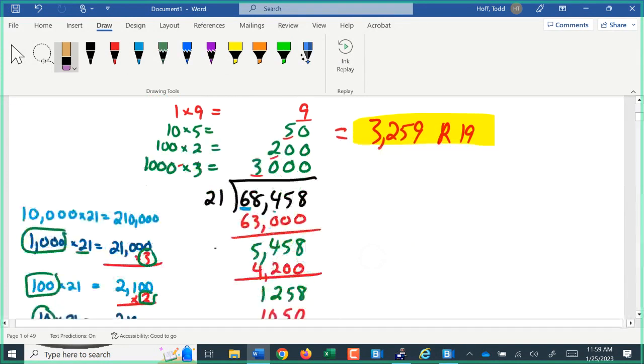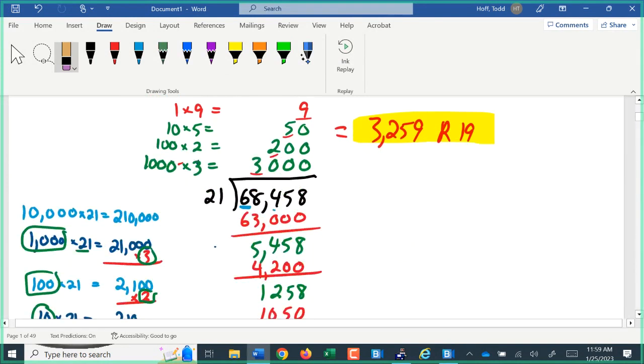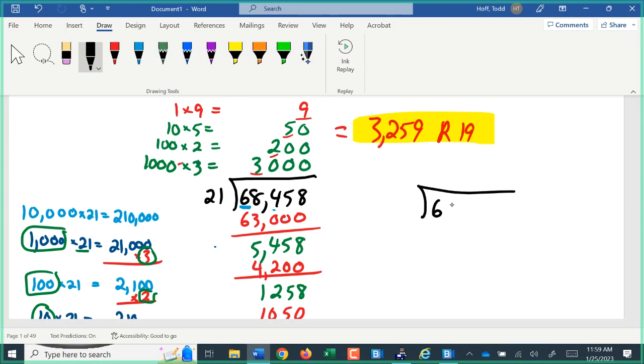Now you're probably looking at that thinking, that looks nothing like what I was taught for long division. And it doesn't look much like it, but it's the exact process. Just what we were taught left out a lot of the steps. Take a look. What we were taught to do is you look at the first digit, 6.